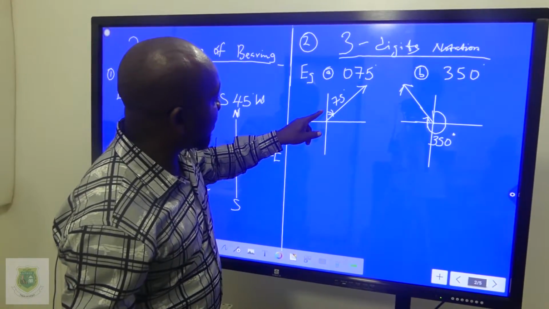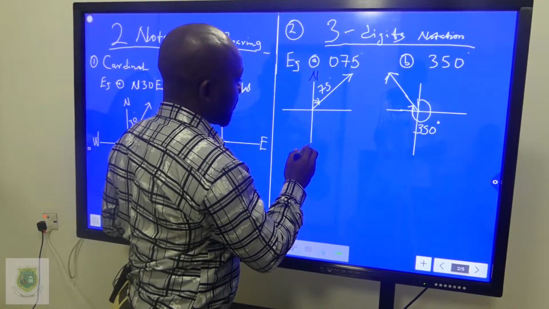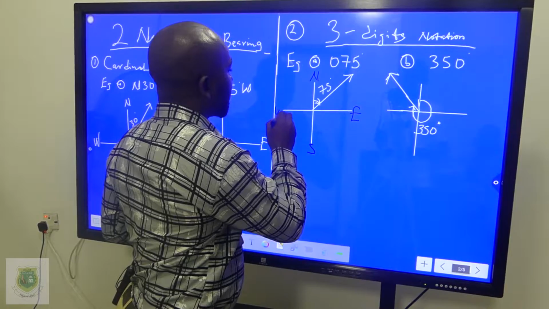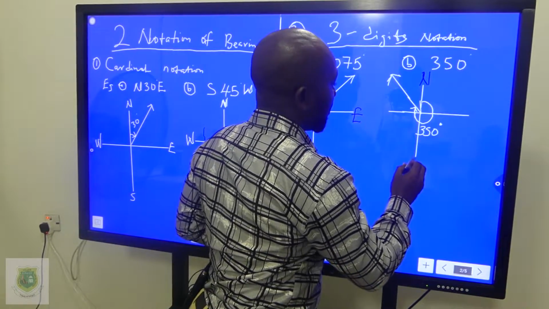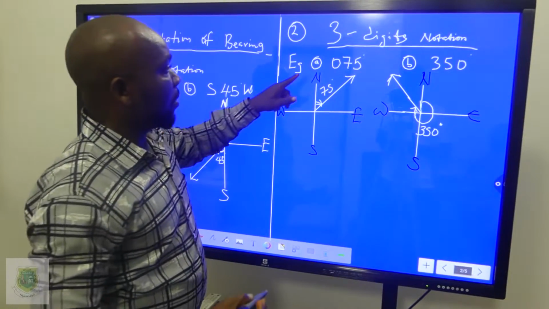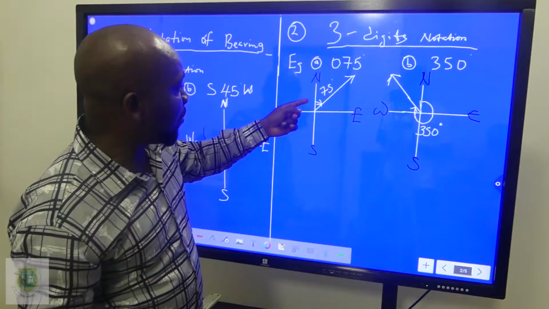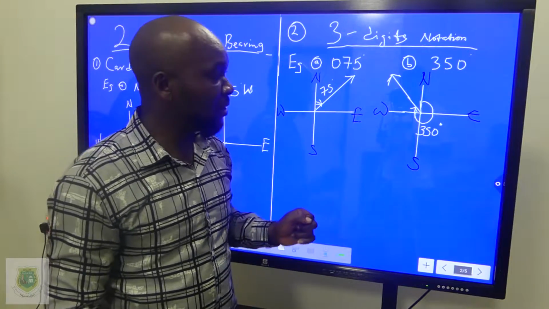Remember that this is our north, south, east, and west. That 75 means that you start from the north. When you move 75, you now go to a particular point.